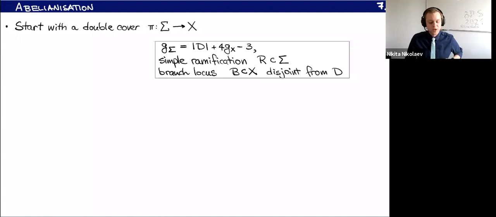So now let's forget about h bar. We're just looking at standard, usual connections, no h bar. What I'll do is start with a double cover, and I'll assume that it has the right genus and all the same assumptions that I had before: the ramification should be simple and the branch locus is separate from where the singularities are.